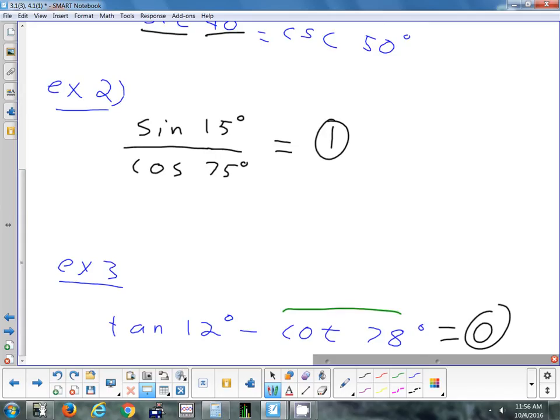Okay? This and this are exactly the same thing. Again, I have no idea what the tangent of 12 is. It's some long decimal. Same with cotangent 78. But what I do know is that they're the same. Subtract two things that are the same, you get 0. So this works with division. It works with subtraction. How about addition?